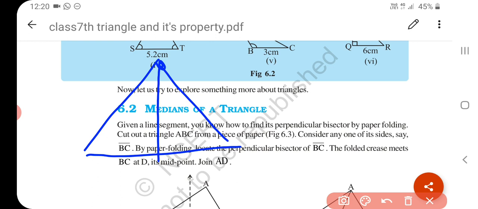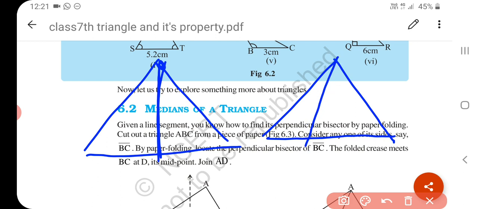A straight line that joins a vertex of a triangle with a point on the side opposite to it and is perpendicular to that side is called the altitude. If this is perpendicular, then it is called the altitude. And if not, these are called medians. So they are two different things.